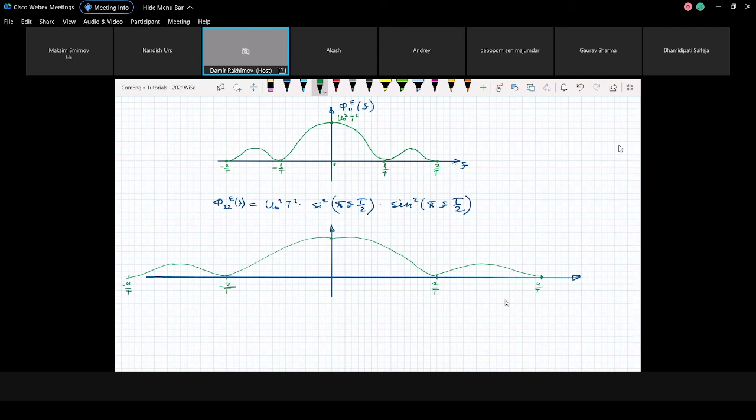Okay, and then we have the sine function. At zero we have 0. Then when we take the point 2 by t, when we take frequency 2 by t, our function will be equal to 0 again.